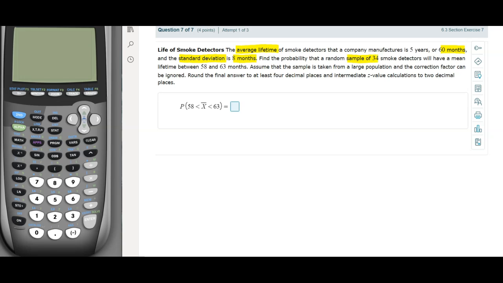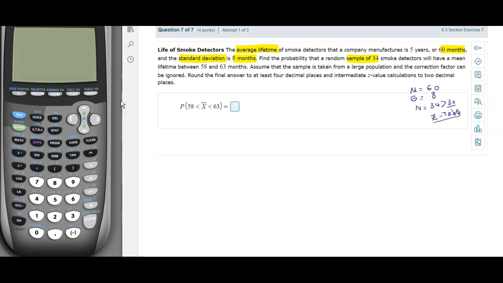The n is going to be 34. So let's take a note. The mean here is going to be 60, sigma is going to be 8, and n is going to be 34. So 34 is greater than 30, so we're going to use the z table, right?